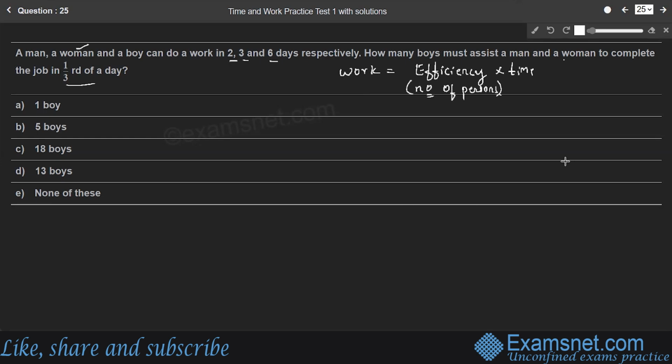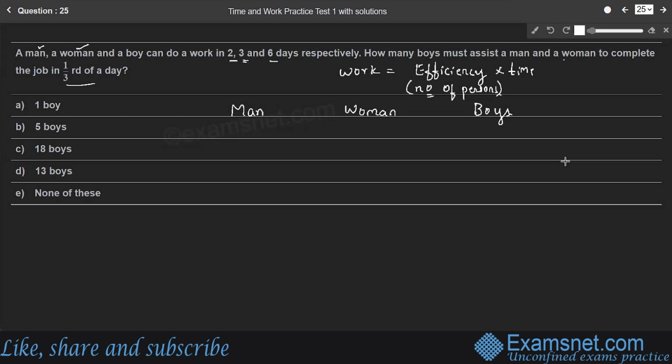It is given that a man can do a work in 2 days, a woman can do the work in 3 days, and a boy can do the same work in 6 days. So we'll consider a man, a woman, and a boy. They take 2, 3, and 6 days to complete a work.